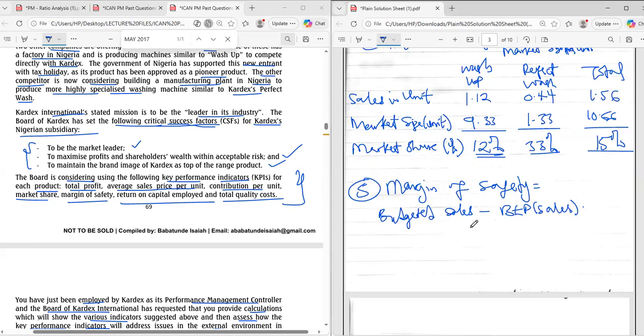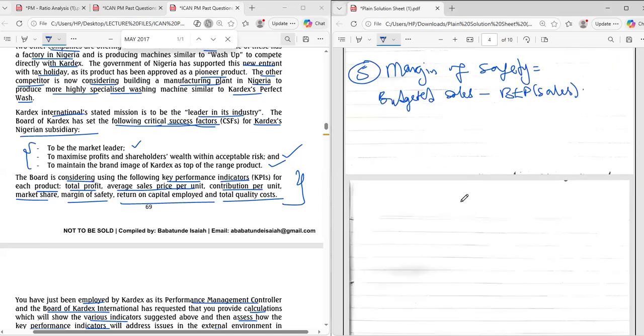Over budgeted sales. So let's do it for workshop, perfect wash, and then total. What's our budgeted sales?